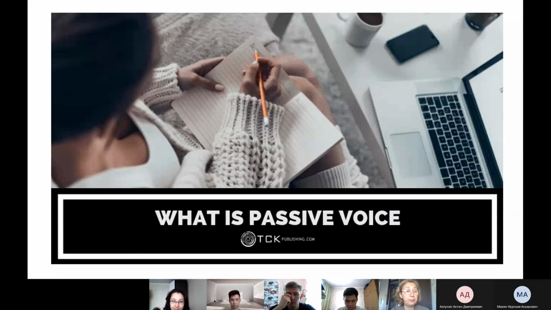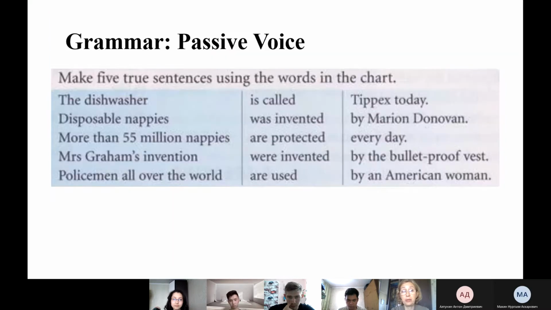So in all these stories, we heard that some verbs were used in the so-called passive voice. Некоторые глаголы были использованы в страдательном залоге. So let us focus on the passive voice. The passive voice verbs are given in the middle column.